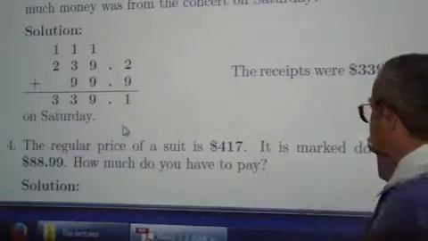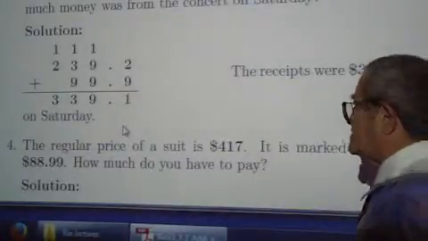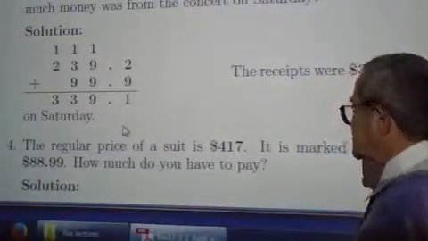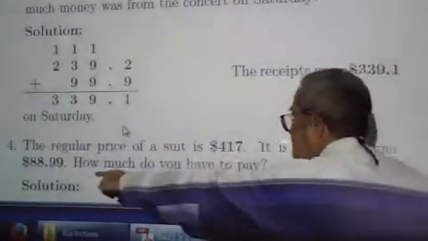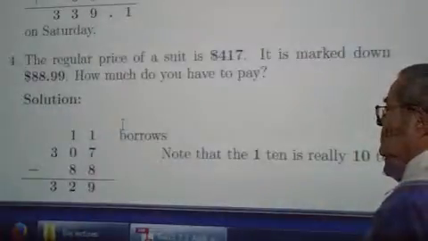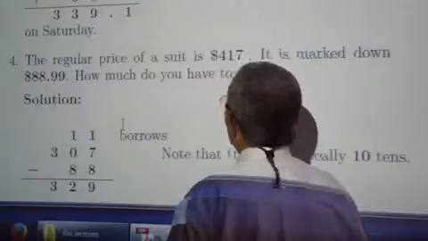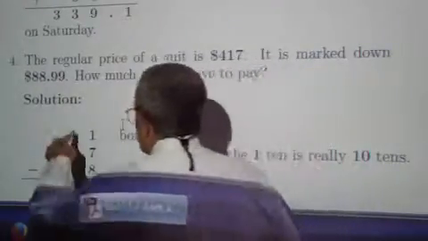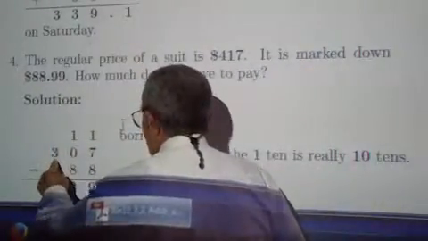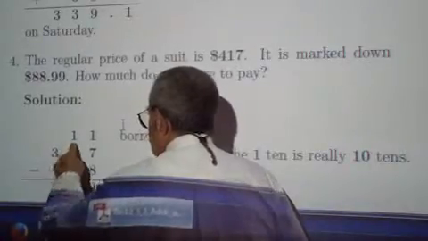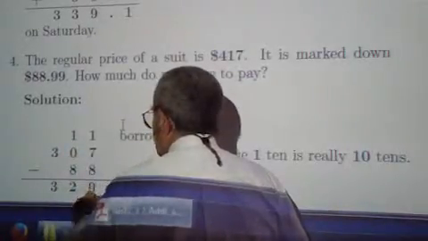Regular price of a suit was $470. It is marked down $88.99. How much do you have to pay after this markdown? This number minus that number. And you need a couple of borrows. So 307. This is really 4. I had to open a box of 100 to be left with 3 boxes of 100, get 10 boxes of 10.